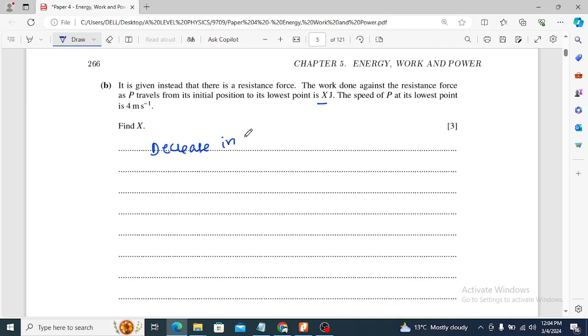First of all, we get the decrease in height: four minus 2 under root 2 gives you 1.17157. We are going to use the law of conservation of energy, meaning loss in gravitational potential energy is mgh.